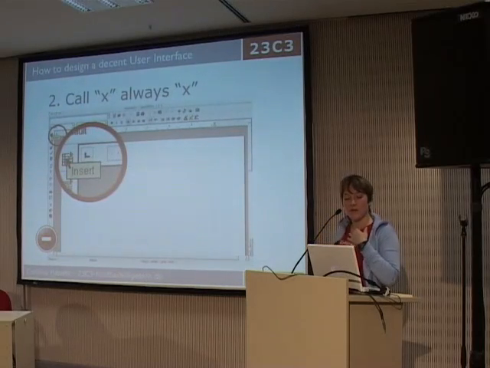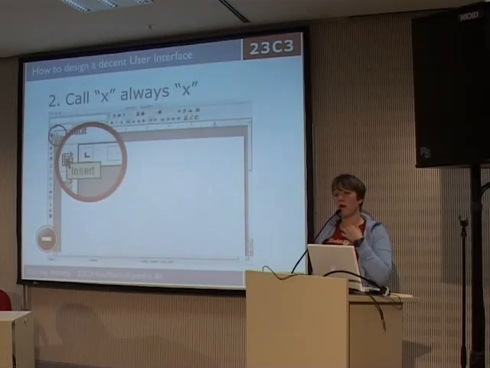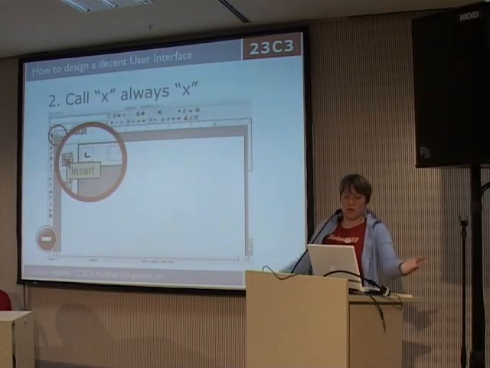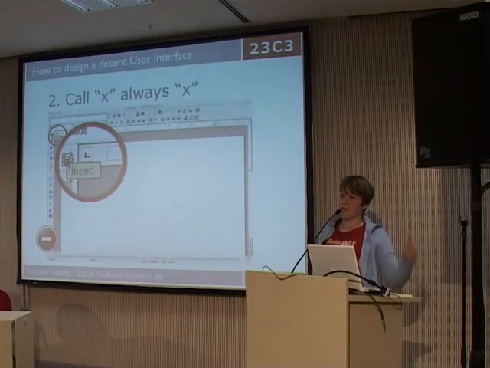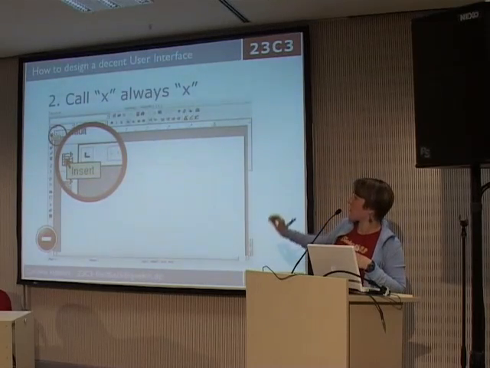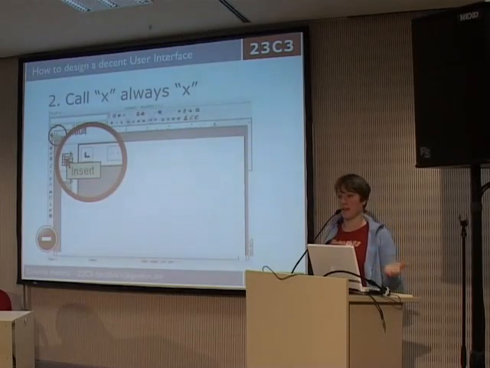And this is an example of text inconsistency. This is from NeoOffice, which is an open office for the Mac, I think. I wanted to insert a spreadsheet, and I wanted to try out the little icons on the left, and the first one, the tooltip told me insert, and that's what I wanted.